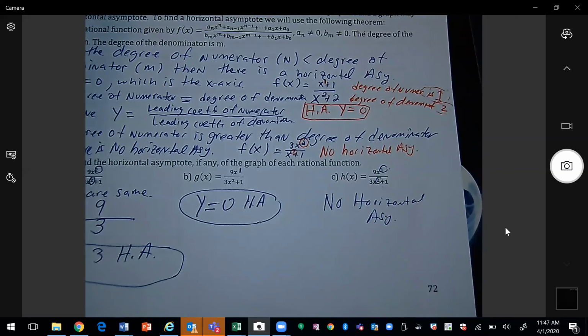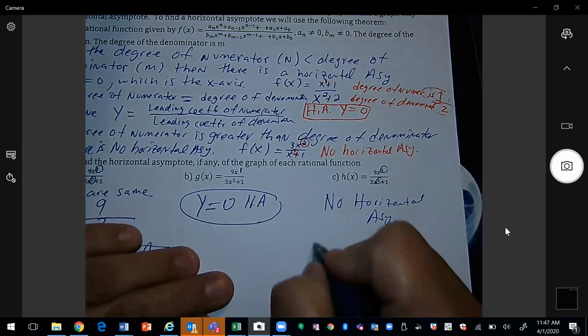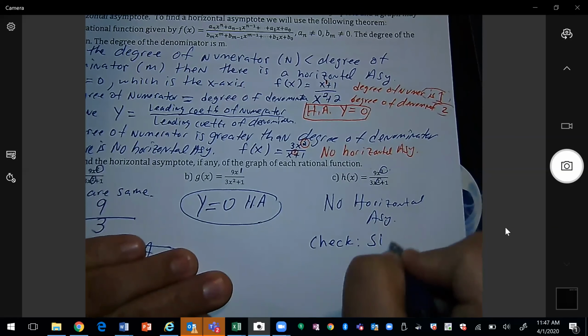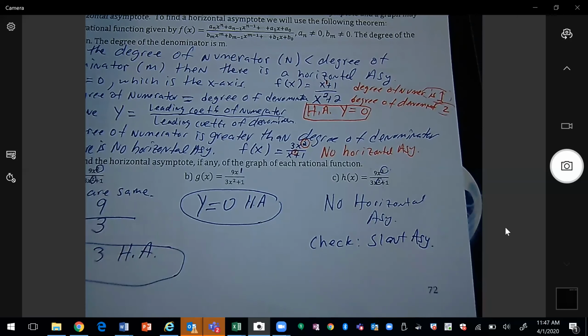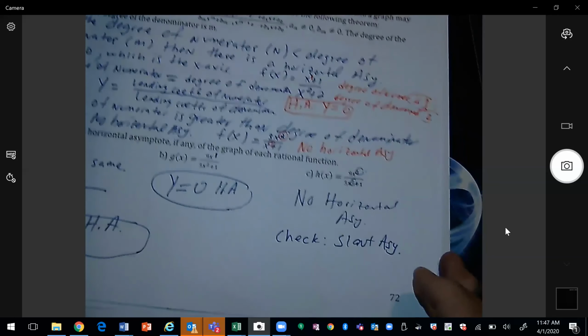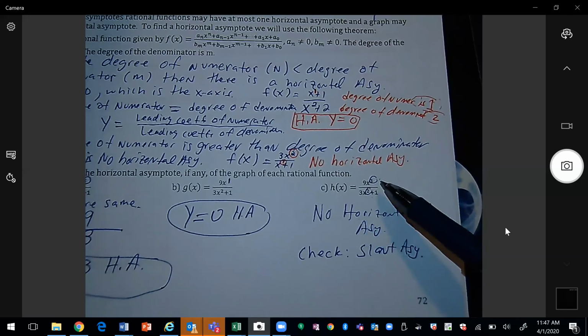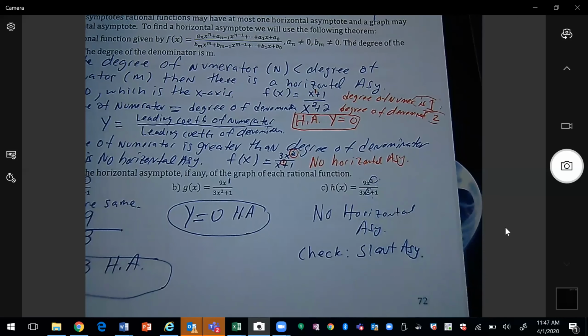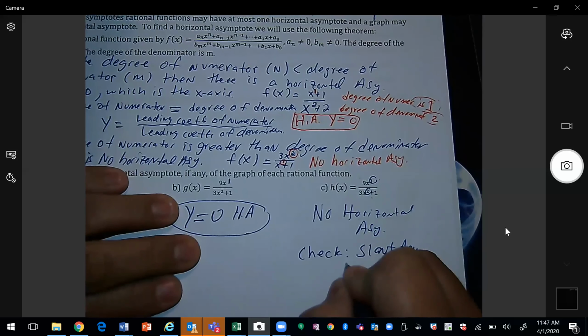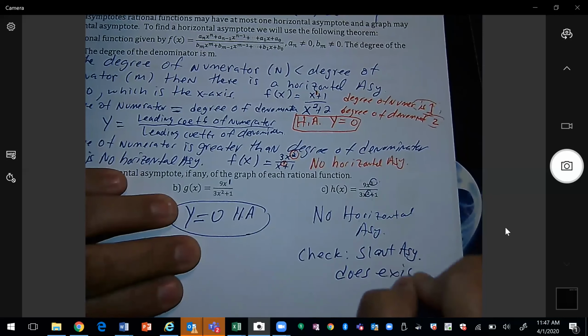As soon as you say there's no horizontal asymptote, your next step is to check for a slant asymptote. To check for the slant asymptote, the degree of the top should only be 1 more than the degree of the denominator. So if this is 3 and this is 2, is it 1 more? 3 is 1 more than the 2, right? So a slant asymptote does exist.